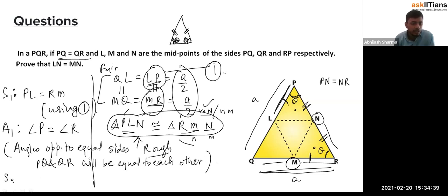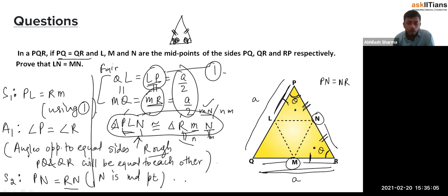And finally, the second side that we are talking about is PN is equal to, now look, PN should be equal to RN. So that's how we will write it. We cannot write it NR. We have to write it in that correct order only, RN only. Why is PN equal to RN? Because N is the midpoint.